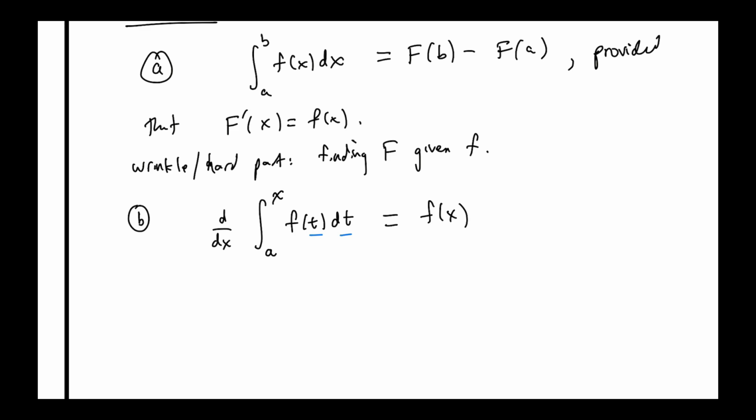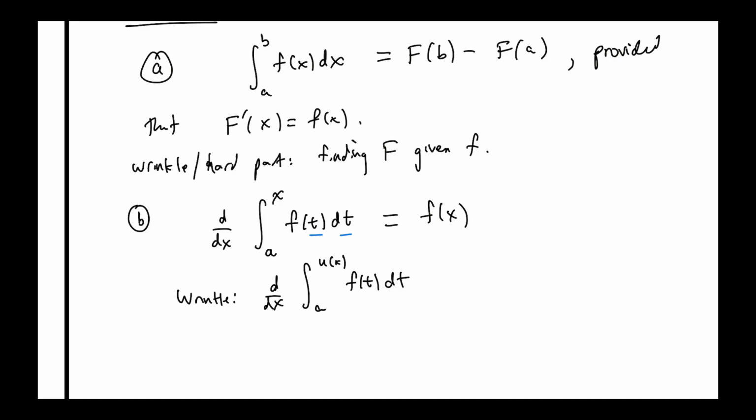Okay, so the wrinkle will be: what about if instead of an x up there at the top, we have something that has x's in it, but is more complicated?